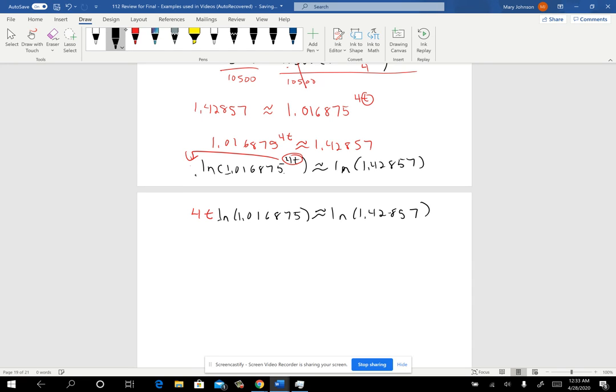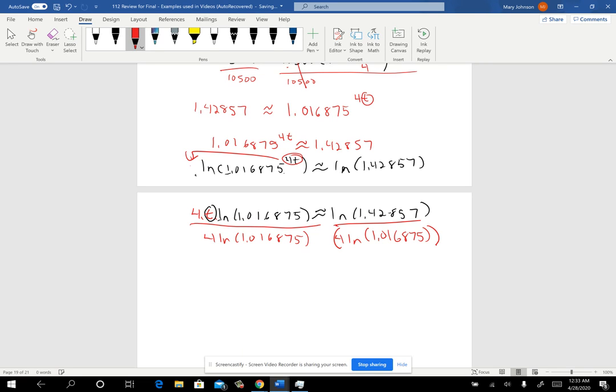And ln of a number, that's just a number. So we're working on getting this t by himself. So since there's times all the way around, we'll divide by all of that on both sides. Right, you need to practice entering that on your calculator, because this needs to be grouped.